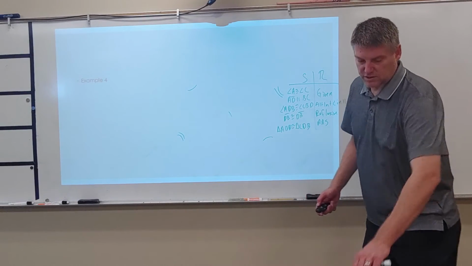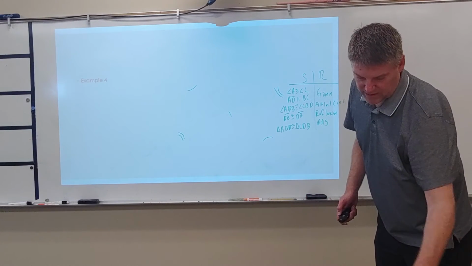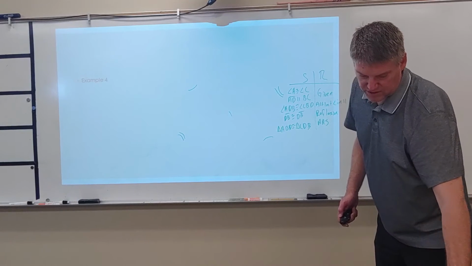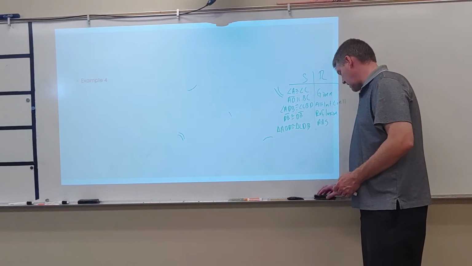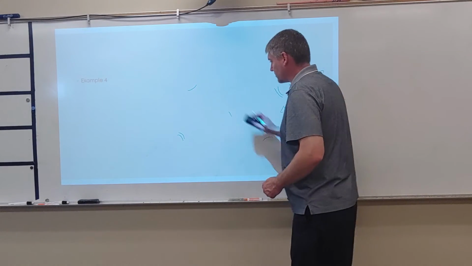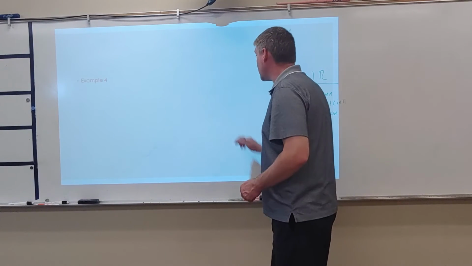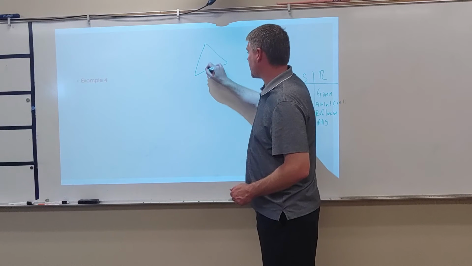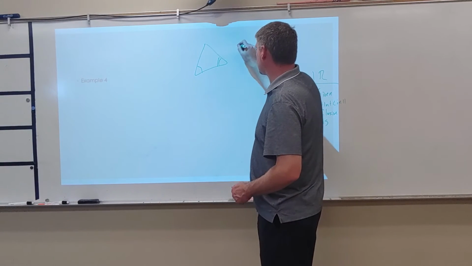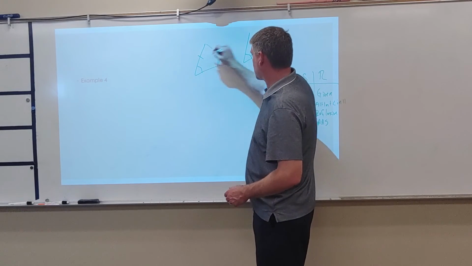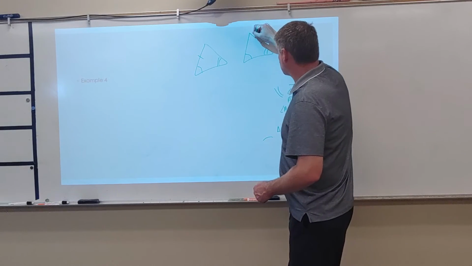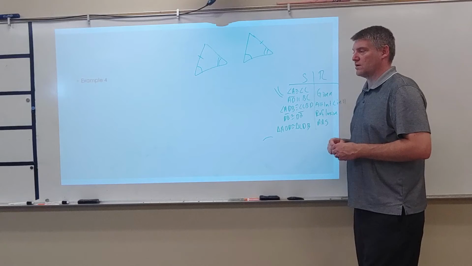All right. So looking at my last one, it's kind of just using that same idea of do I have angle angle side from my given triangles? So do I have congruent triangles here?